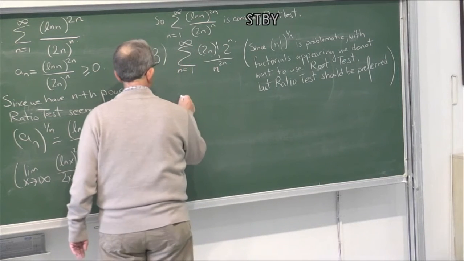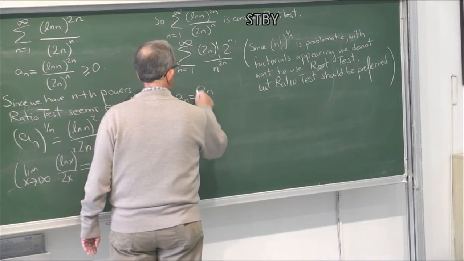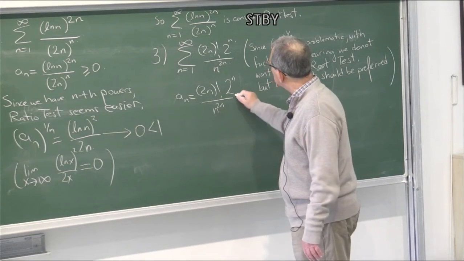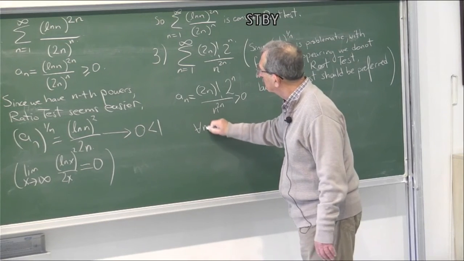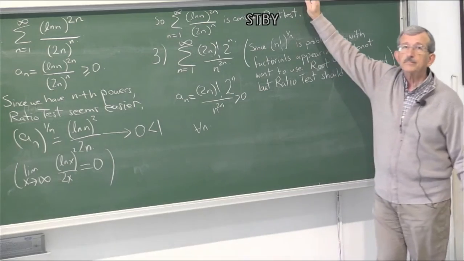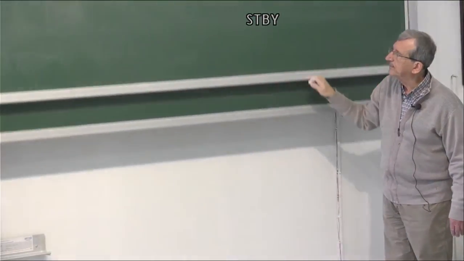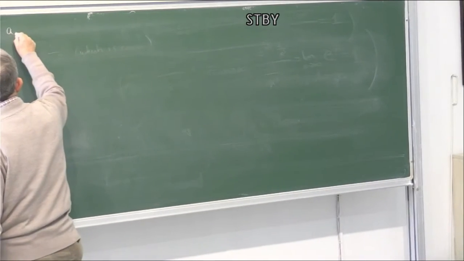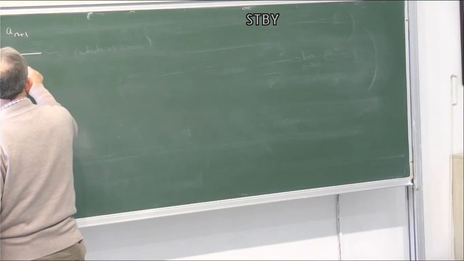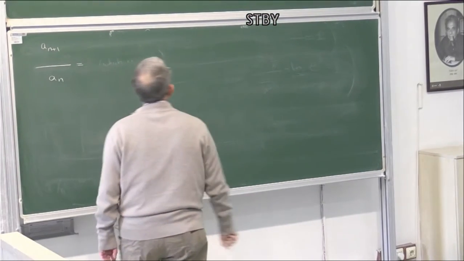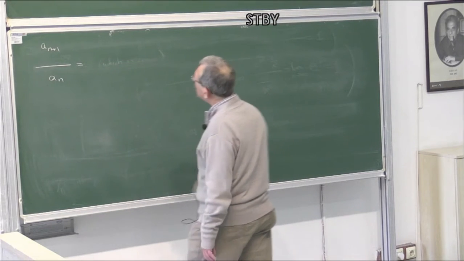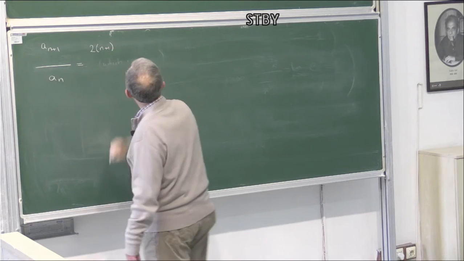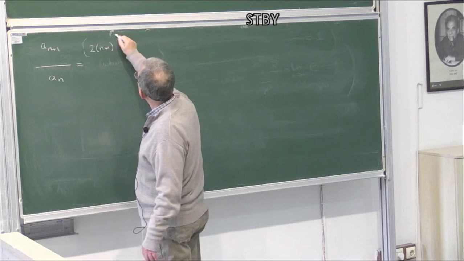Firstly, a_n = (2n)! 2^n divided by n^(2n) is positive for all n. So then we look at a_(n+1) divided by a_n. Now, a_(n+1) says that you replace n with n plus 1 wherever you see it.